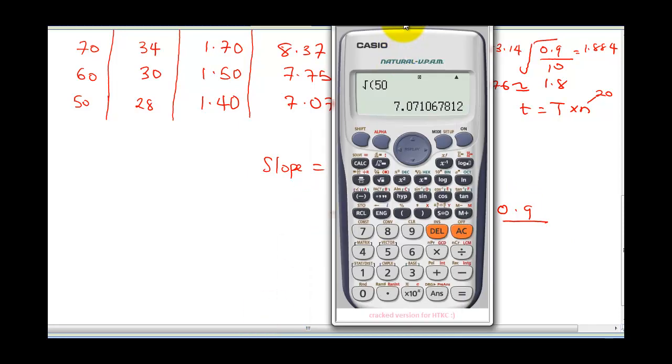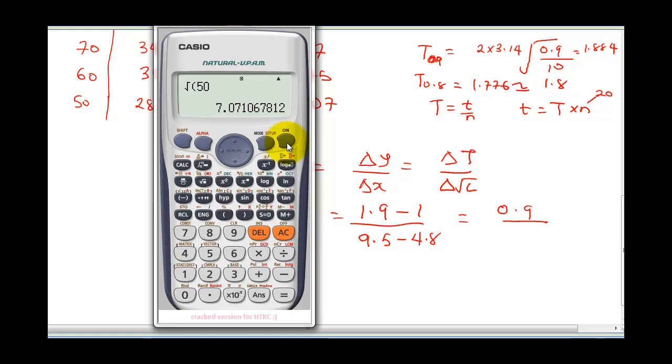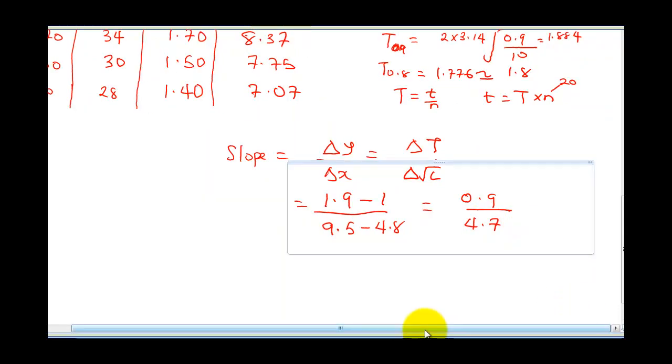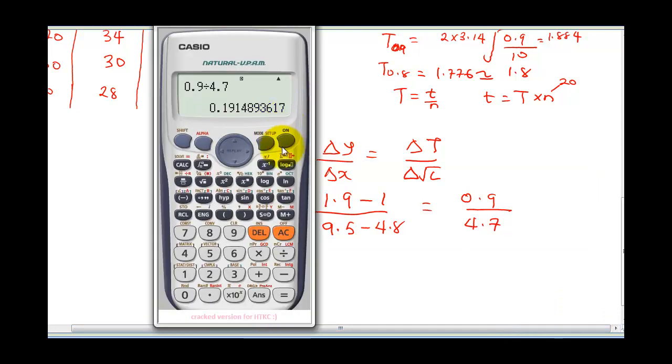We're going to employ our calculator. So this is going to be 9.5 minus 4.8. Now this is going to give us 4.7. Now, okay, so performing this on our calculator, we're going to have 0.9 divided by 4.7.